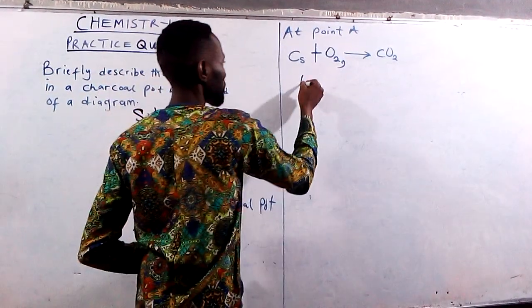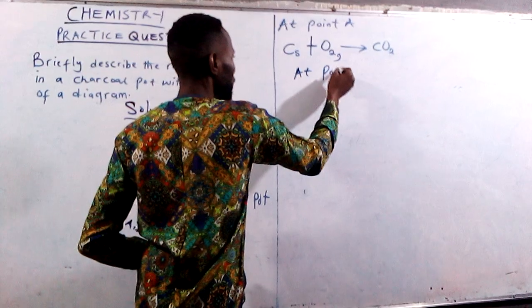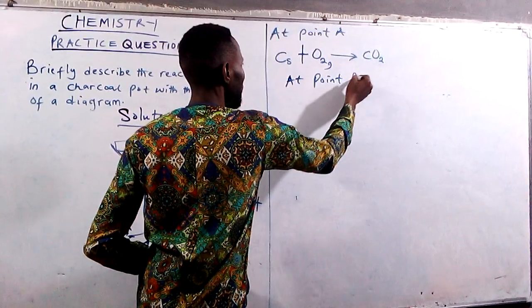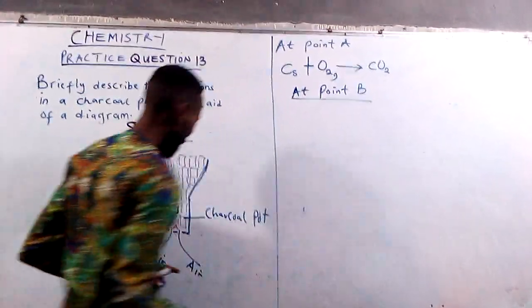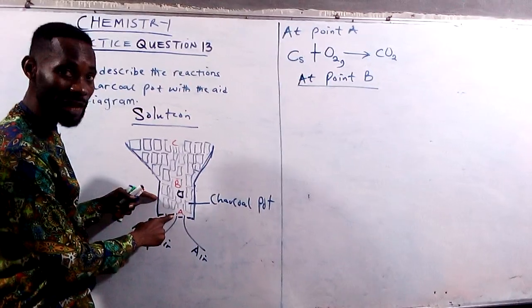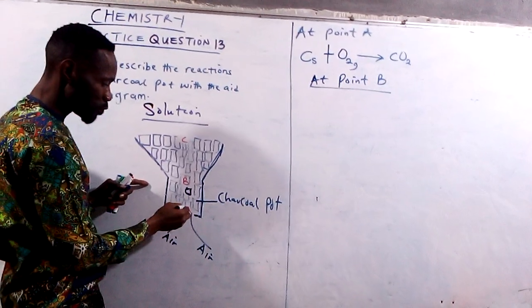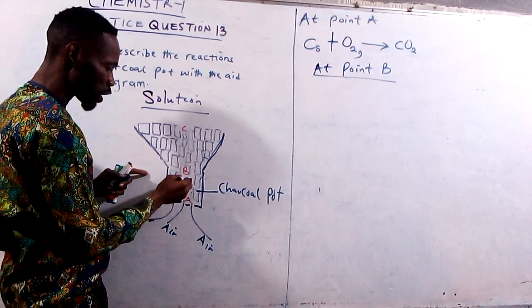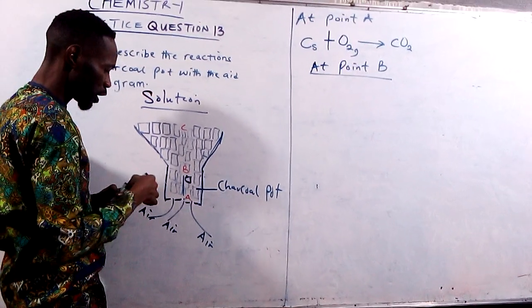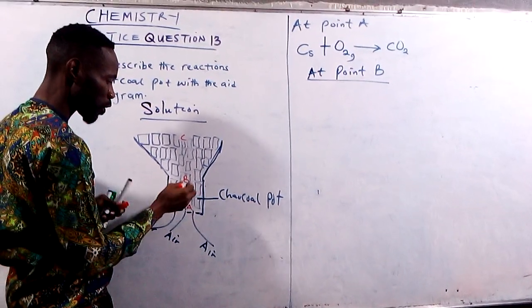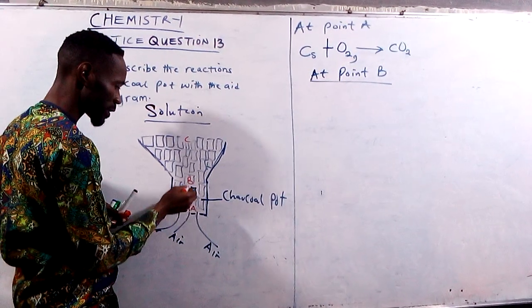At point B, what will be the reaction? The carbon 4-oxide that is produced at point A begins to move into the interior. It flows into the interior of the charcoal pot. Remember, it's a gas.